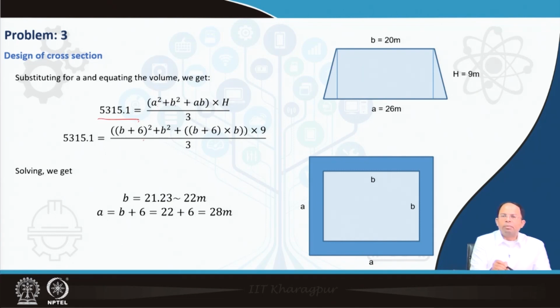Because a is b + 6 because of the slope. So in that case, we can calculate the value of b, which comes to around 22 meters, and if b is 22 meters, obviously a would be 28 meters. So that gives us an idea about the shape profile of this particular landfill site.